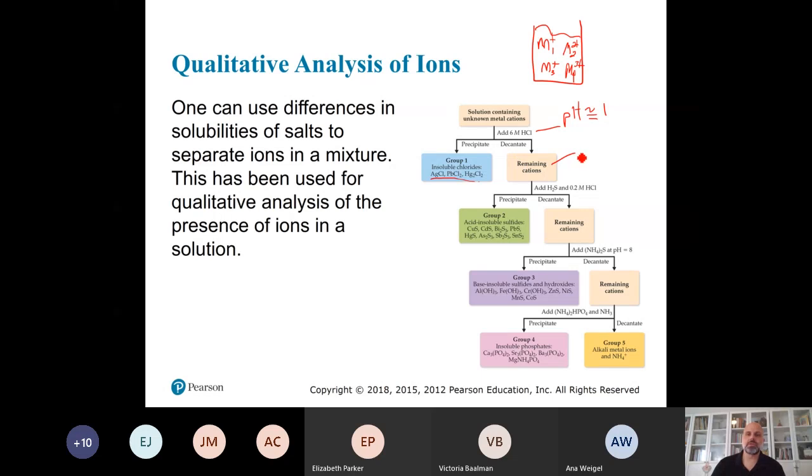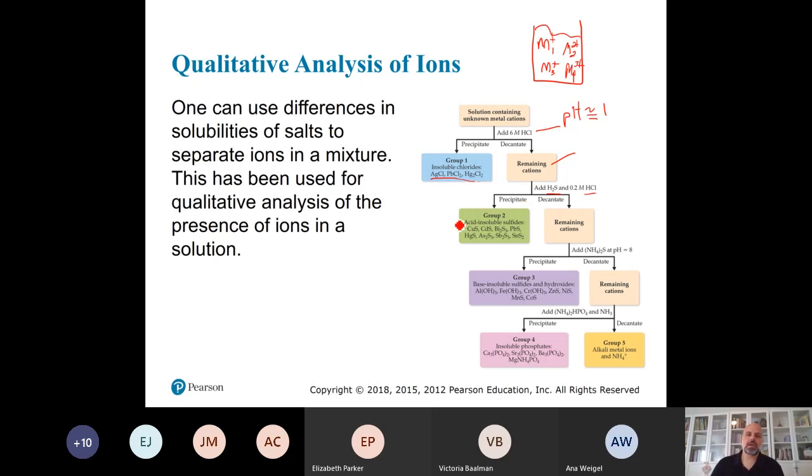To these remaining cations, you then add hydrogen sulfide and either keep the solution acidic or add some more 0.2 molar hydrochloric acid to make the solution acidic.